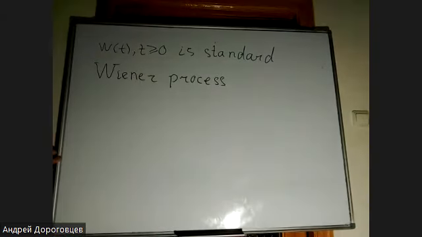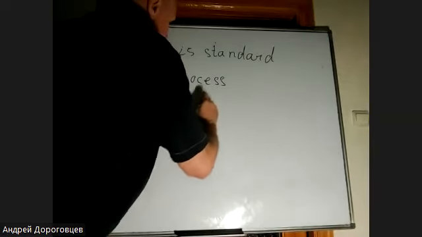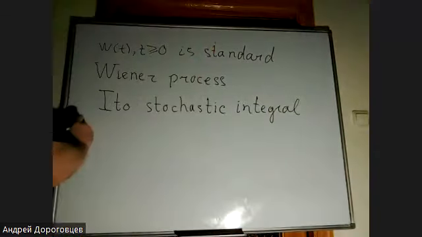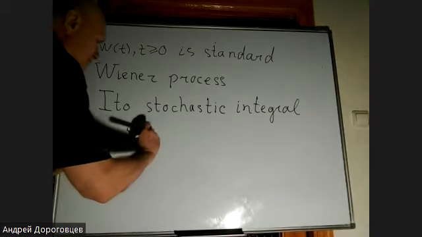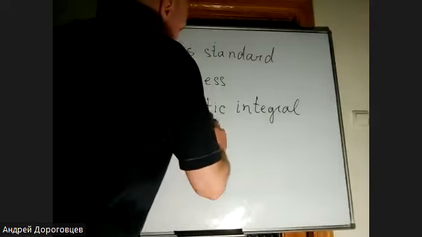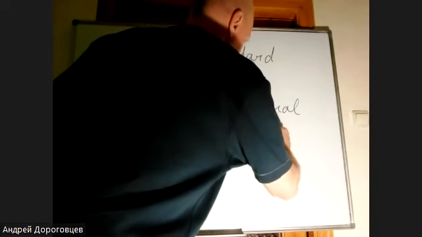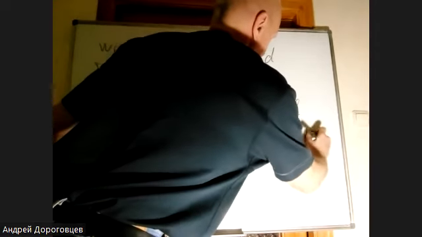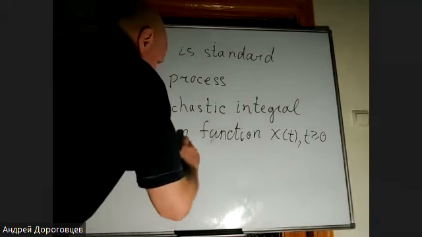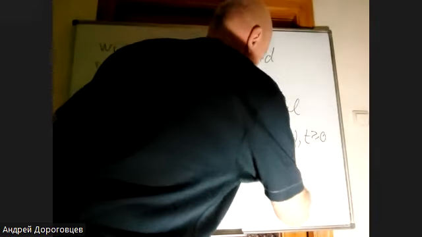one can construct Ito stochastic integral for random functions, a random function, say x t, which is adapted to F_t.